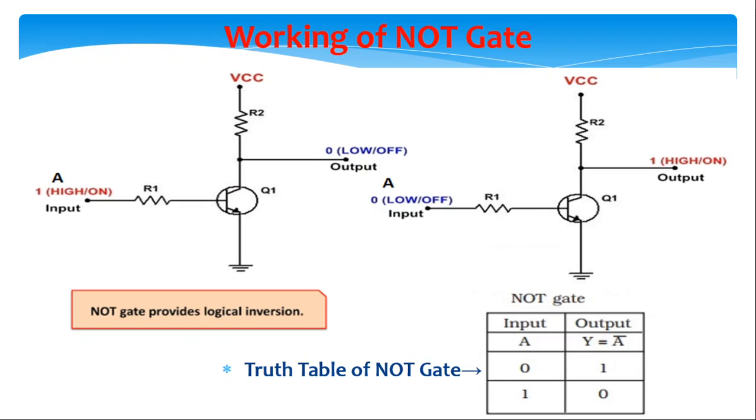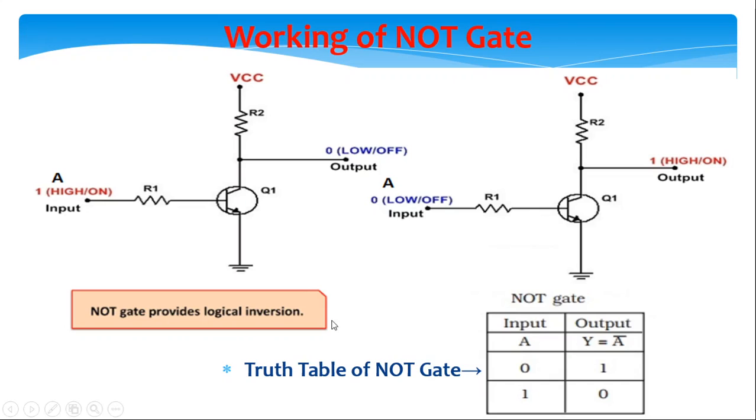This means that the supply voltage plus 5 volt will be measured at the output port and it is considered as high state and hence the output Y is high, that is equal to VCC.